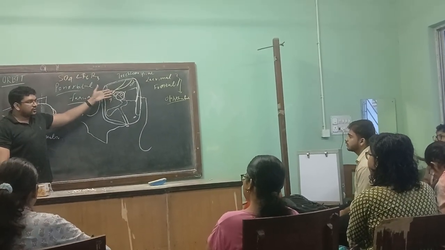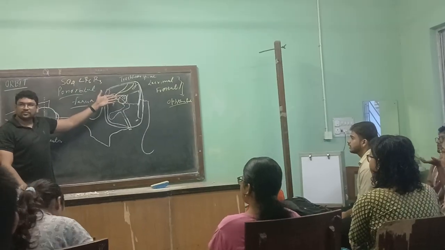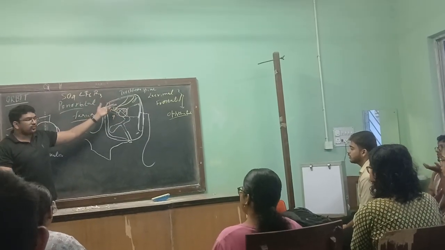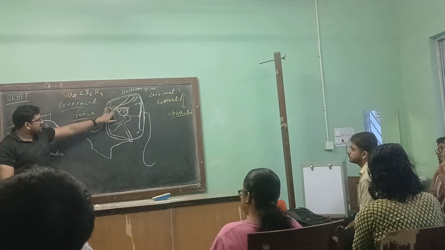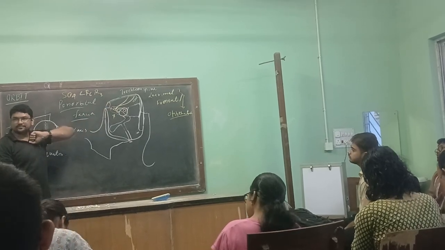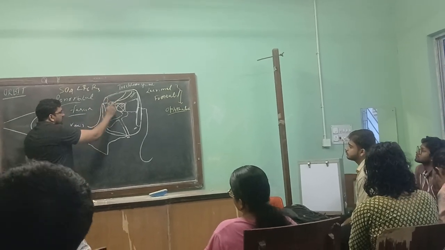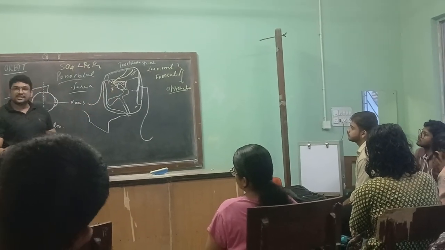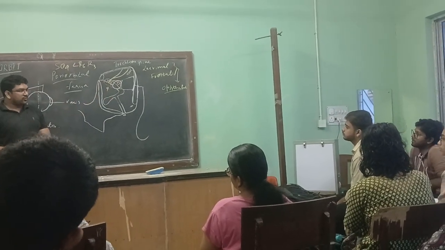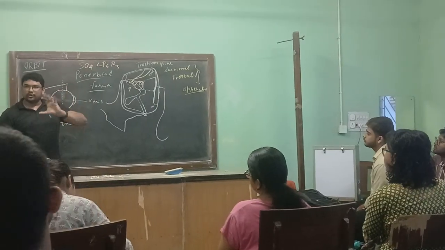Ophthalmic artery, obviously, because there is an ophthalmic artery which will be emerging. So the lacrimal artery is a branch of the ophthalmic artery. Okay? There is one more vein towards the medialmost aspect. What is that? Superior ophthalmic vein. Ophthalmic artery and ophthalmic vein over here.